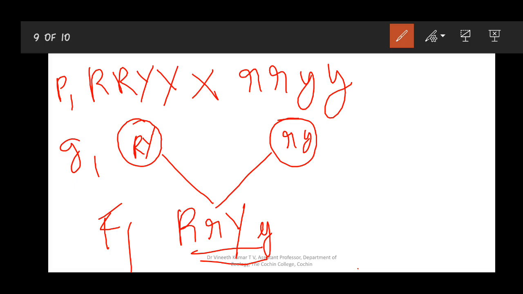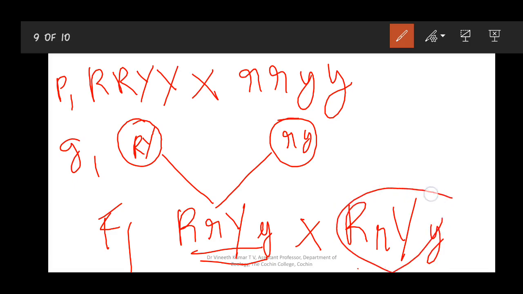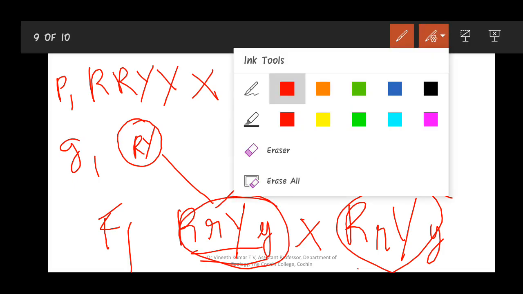That is the second step in the dihybrid cross, which is F1 cross F1. We are going to see how these individuals produce the gametes, which is the next cytological explanation. Hope the first step is clear.